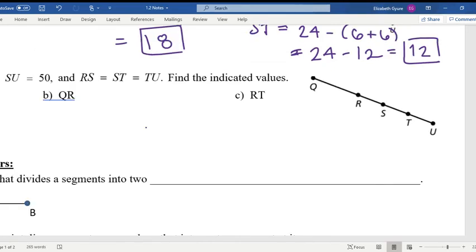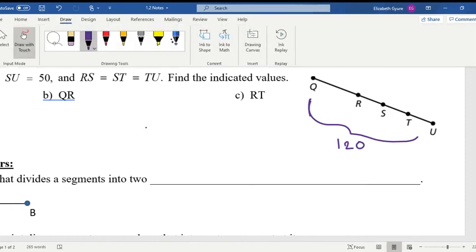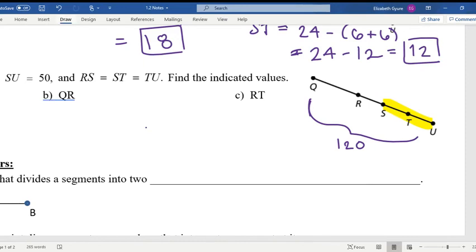Here is your segment. You were given that QU is 120, so let's label that. That is the entire thing here is 120. And then it tells you SU is 50. So that is this little part here is 50. And then the measure of RS equals the measure of ST equals the measure of TU.